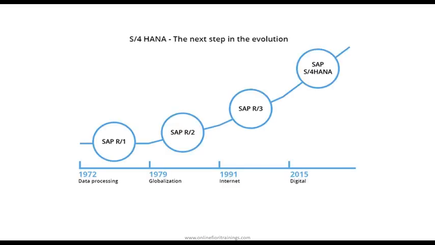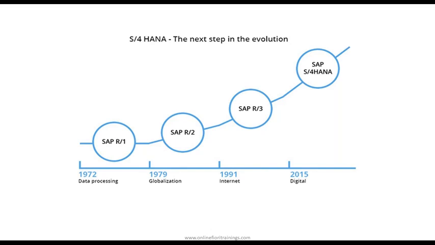But before we get into S4 HANA, let's also talk about the evolution of SAP ERP. You can see this is how SAP ERP has evolved. In 1972, SAP R1 was introduced, till 1979 when globalization hit the market. Then SAP R2 was introduced, which was a two-tier architecture.